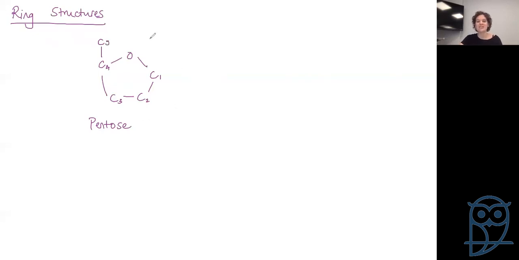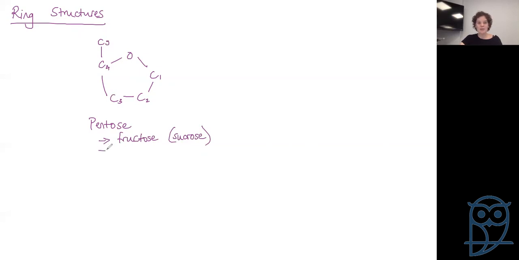I haven't drawn all the H's and all the OH's on here because I'm not looking at detail in those pieces. What I'm looking at here is just this ring structure, and you can see that ring is a whole lot more stable than if it was just one strand. A couple to be aware of are fructose, because this is involved in sucrose, and sucrose is one of your big deals moving forward.